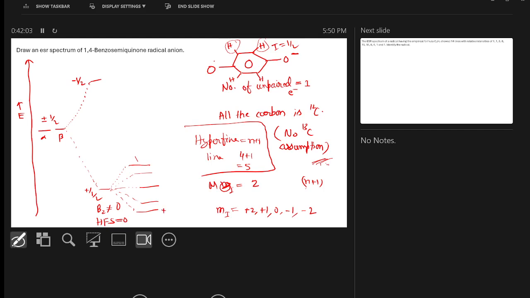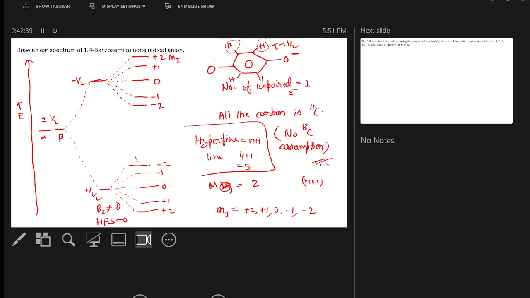This is plus 2, plus 1, 0, minus 1, minus 2. Similarly we'll write here minus 2, minus 1, 0, plus 1, plus 2. This is your Mi value, all the values of Mi.